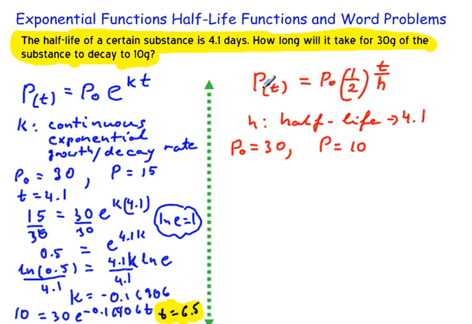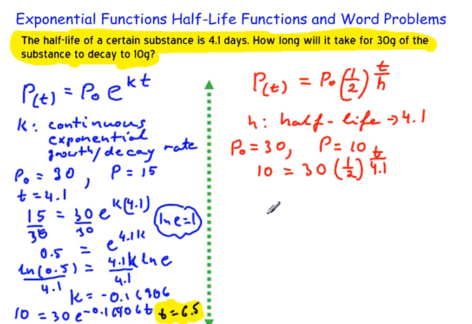So this solution on the right hand side will be a little bit faster because we have almost everything and we need to find only one variable t from that equation. So the left side is 10 is equal to 30 times 1/2 to exponent t divided by 4.1.